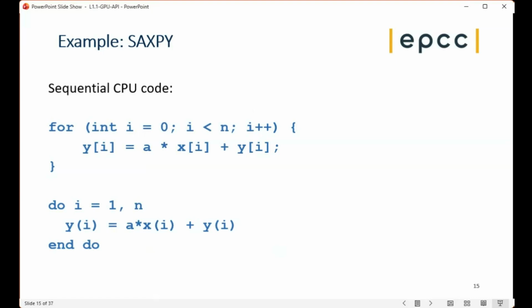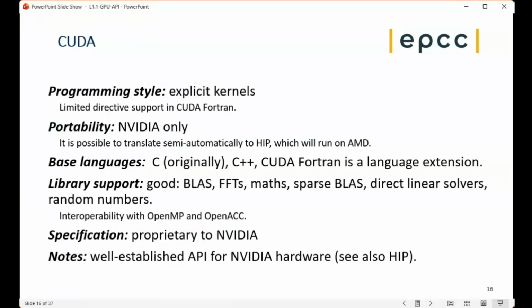I'm not going to go into any detail, but I'll give you a flavor for what they look like. As I said, on this course we're going to focus on OpenMP, but it's useful to get an understanding of how other approaches work. So CUDA, which you may be aware of, is a kernel style. It's NVIDIA only. NVIDIA said, we produce these GPUs, and we'd like people to be able to program them and use them for more than just graphics.